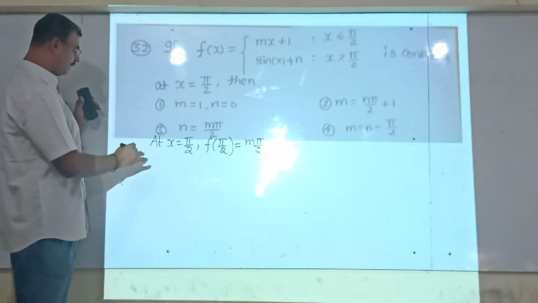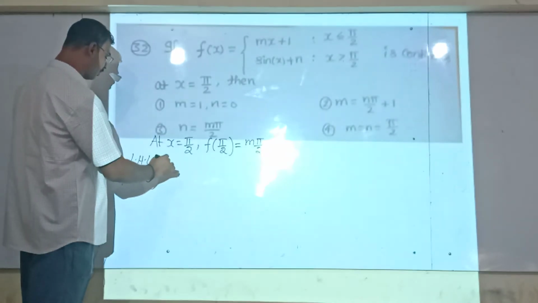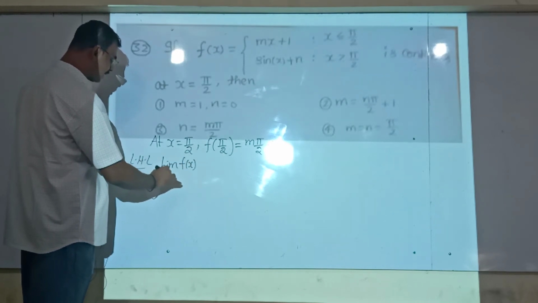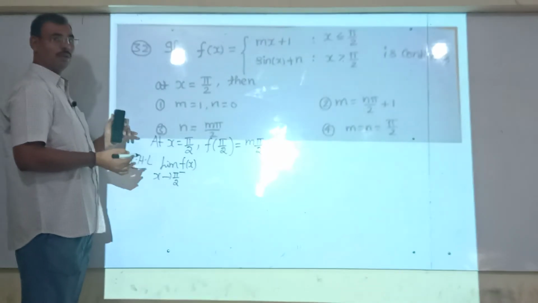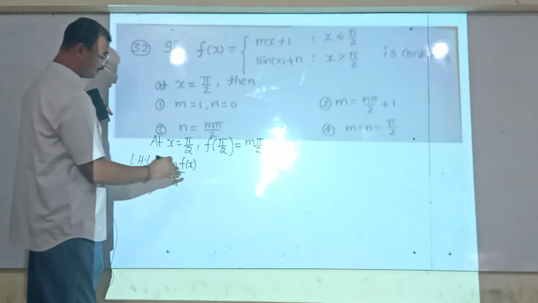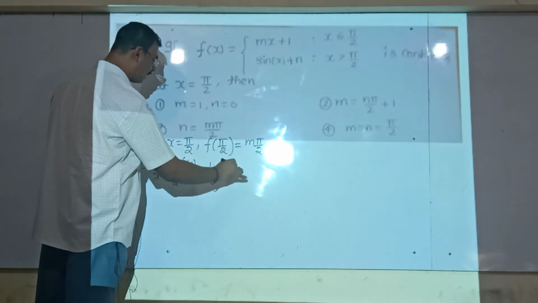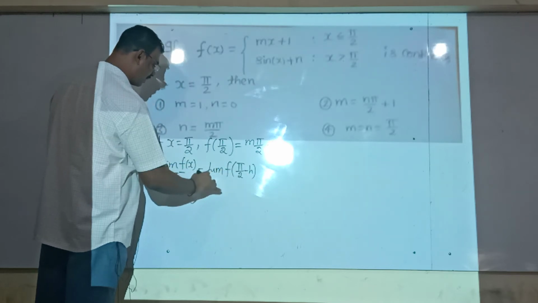Next we find the left hand limit. Limit of f of x as x approaches pi by 2 from the negative side, values less than pi by 2, is equal to limit of f of pi by 2 minus h as h tends to 0.